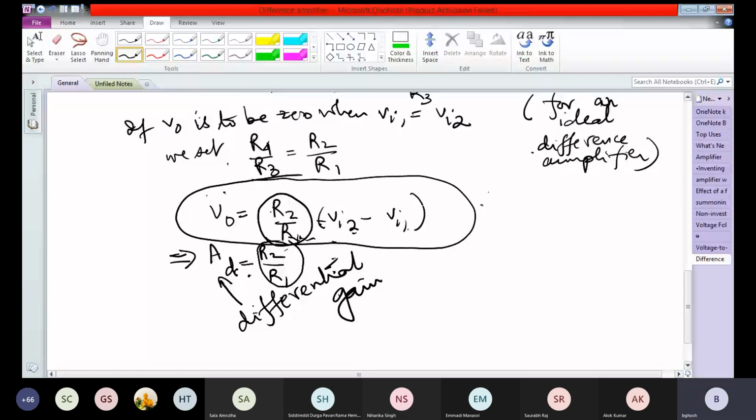This is what the difference amplifier was sought to achieve: the output should be a magnified version of the difference between the two input signals, and that amplification factor should depend only on external resistances, not on AOD. Fine, we just stop here.